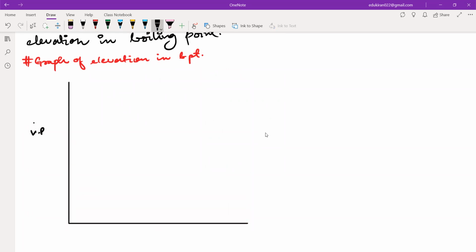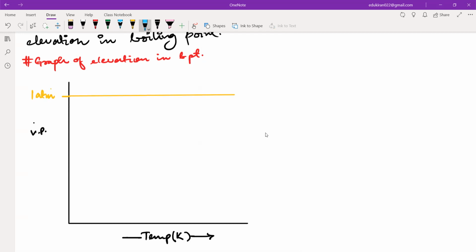So please don't write now. Please look at the graph, and write when I am done explaining. Whenever we are talking about boiling point, a particular vapor pressure is very important to us, that is 1 atm. So we'll mark this point, and this line on the y axis represents 1 atm.